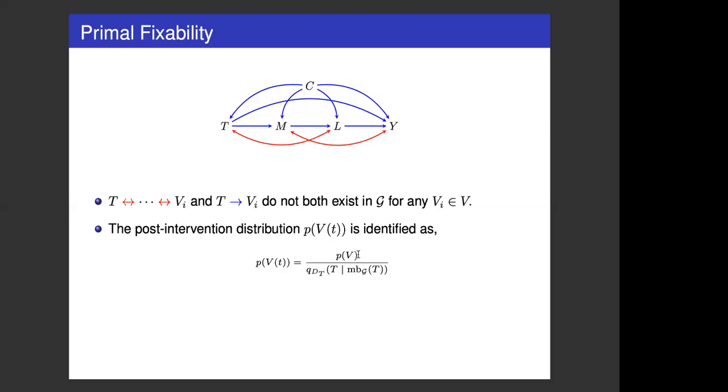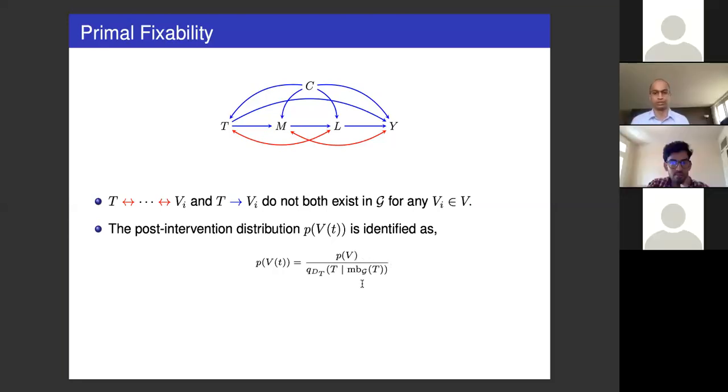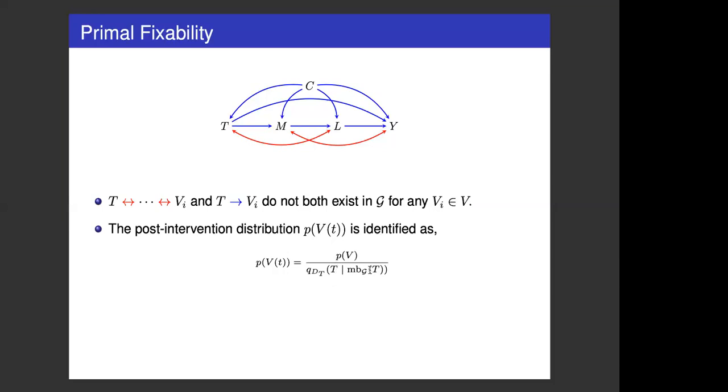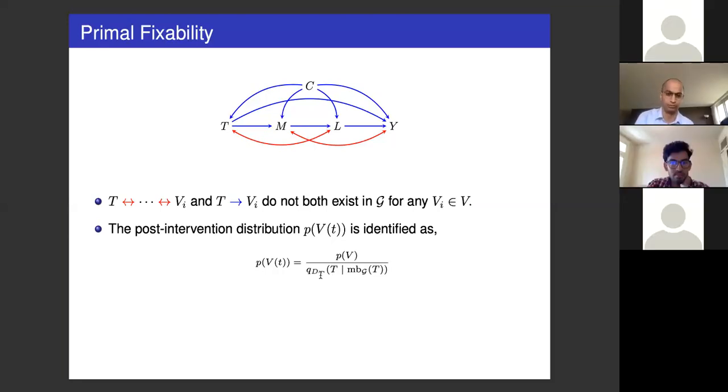You take the observed data distribution and you divide by what looks like a propensity score. So it's some conditional distribution of T given its Markov blanket. However, it's derived from a kernel. It's not an ordinary conditional density all the time. In particular, it's obtained from the kernel where you intervene on everything outside of the district of T. So D_T here is just shorthand for the district of T.